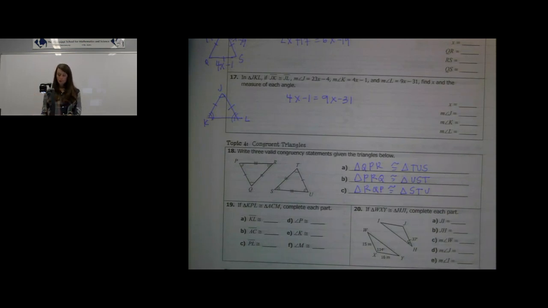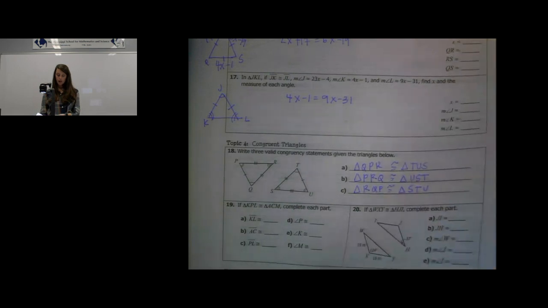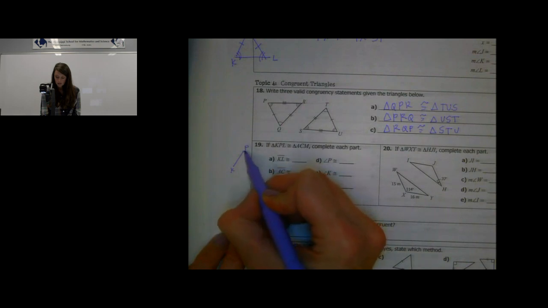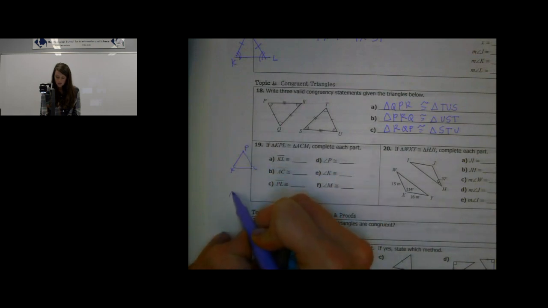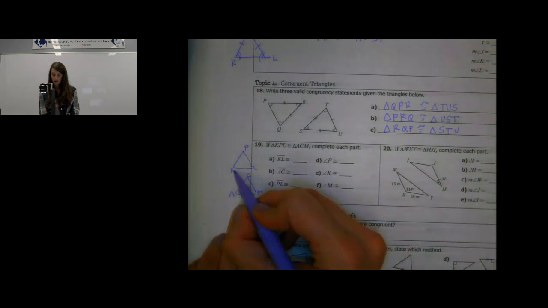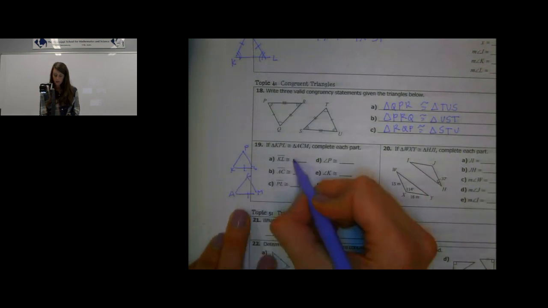Okay? So if triangle KPL is congruent to triangle ACM, okay, so KL is going to be congruent to AM.